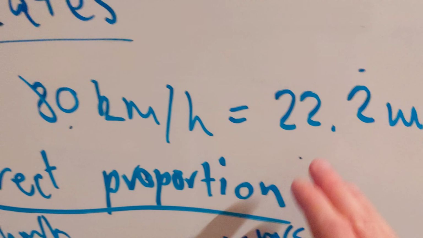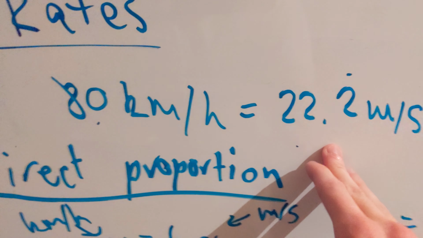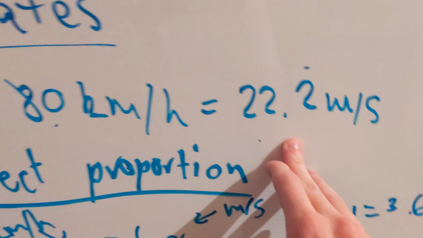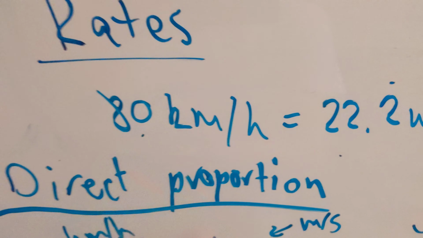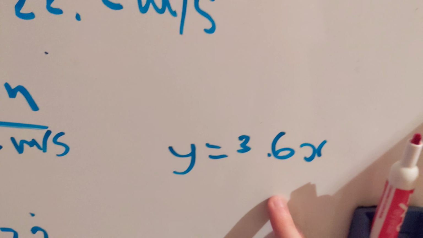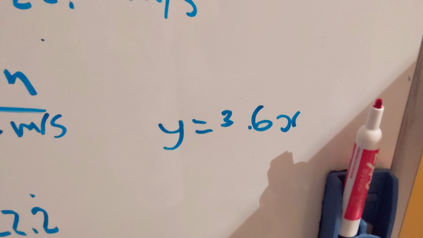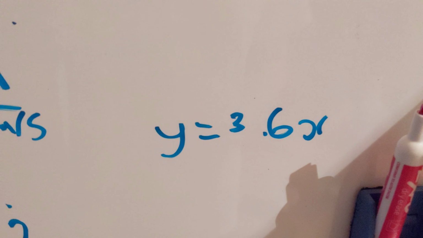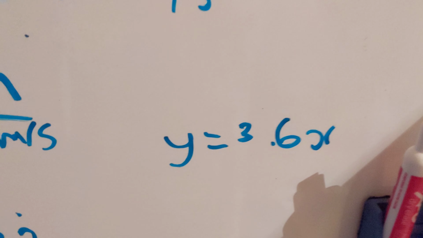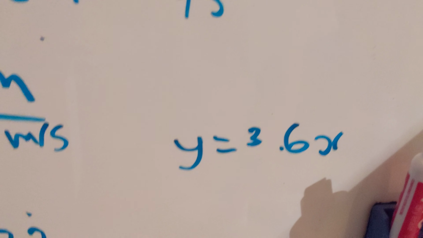Now, if you check 22.2 repeater and multiply it by 3.6, you will get exactly 80. And this will work for any value. So if I've got any value for meters per second, I can multiply it by 3.6, and I will get what it is in kilometers per hour.